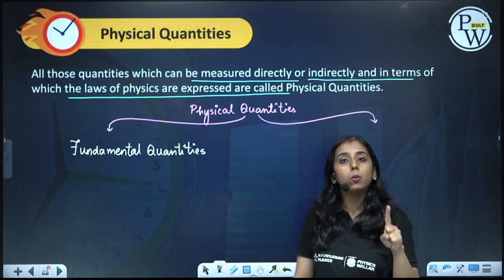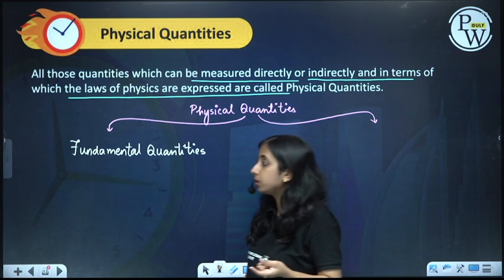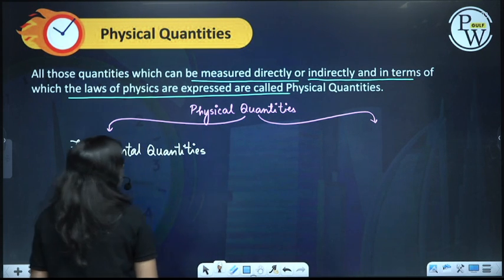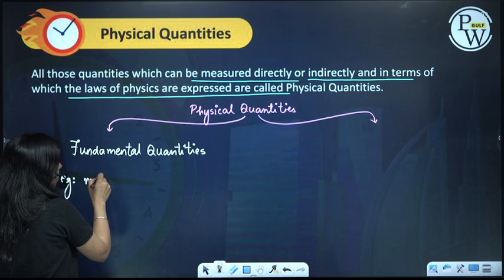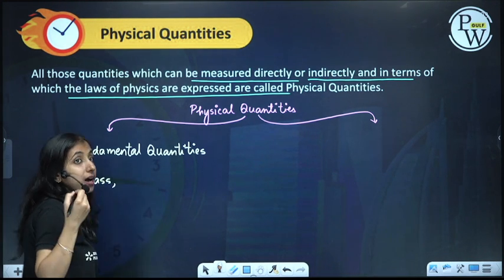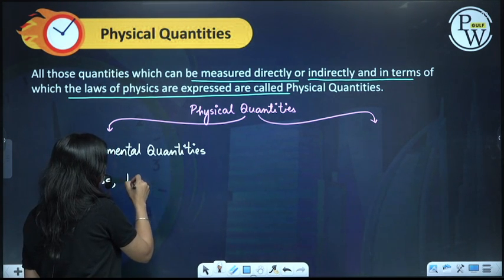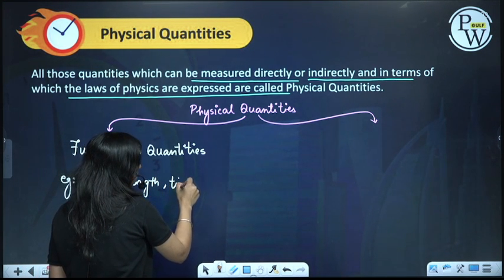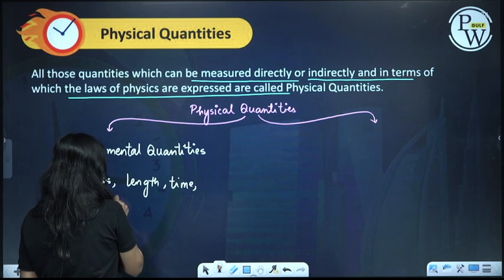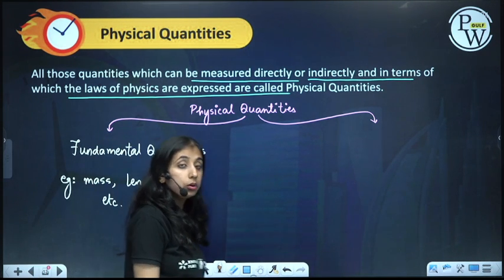Those quantities which are independent of the other quantities are called fundamental quantities. Let's take an example. Mass: we cannot express mass in terms of other quantities. Then length, then time, etc. All these are fundamental quantities.